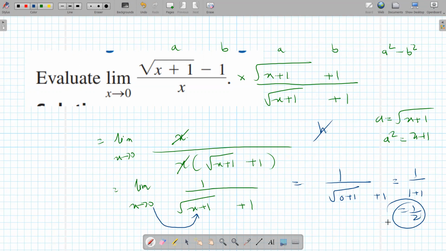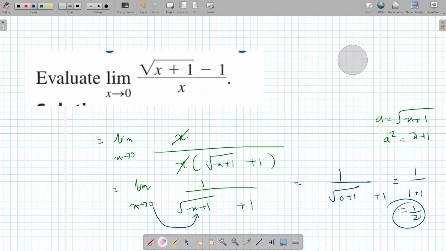Cool. Is this continuous? It's not. No, it's not, because we already knew that you would get a 0 in the denominator. This is a hole. How do I know it's a hole? Because when you plug x as 0, you would get square root of 0 plus 1 minus 1 over 0, square root of 1 minus 1, that's still a 0.